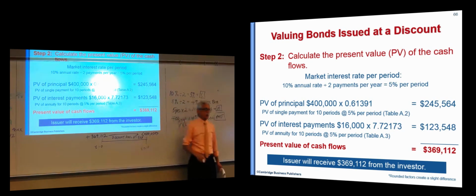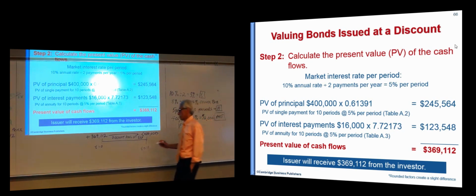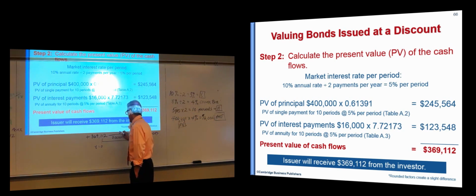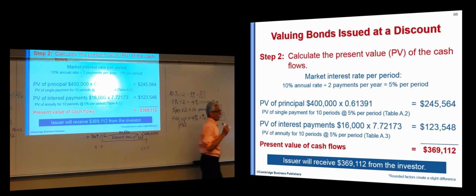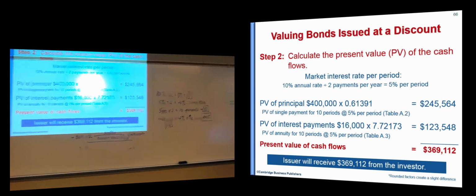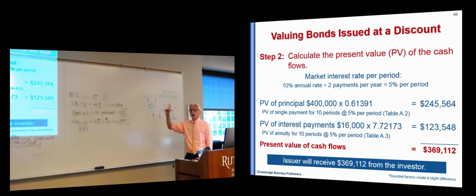Additional interest expense. So the $30,880 is additional interest expense. That interest increases the rate from 4% semi-annually to 5% semi-annually. That discount increases the rate from 8% annually to 10% annually. So my cost of borrowing goes up.